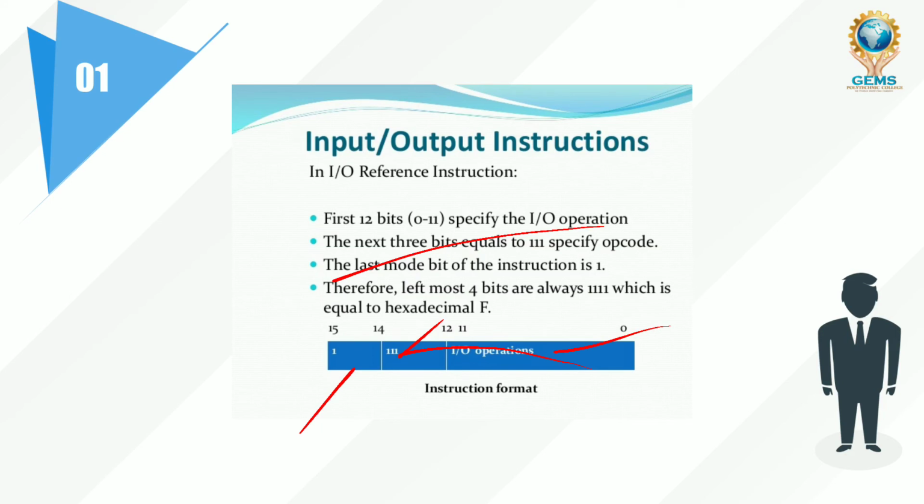So in 3 places we are using the same instruction bits. It is a 16-bit register, a 16-bit instruction. The first 0 to 11 bits are classified, then 12 to 14, and the last one is bit 15. These are all divided into 3 different parts, and each and every part has its own understanding, own execution and own individuality.